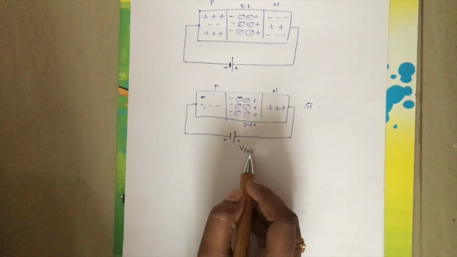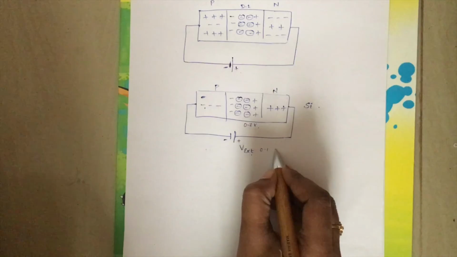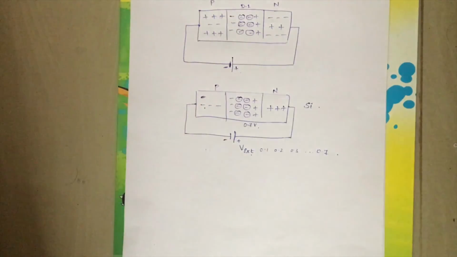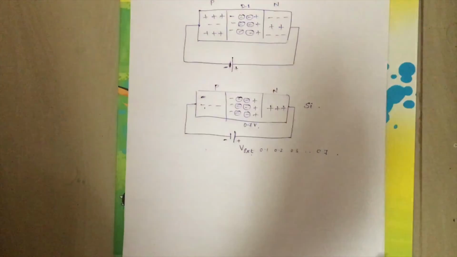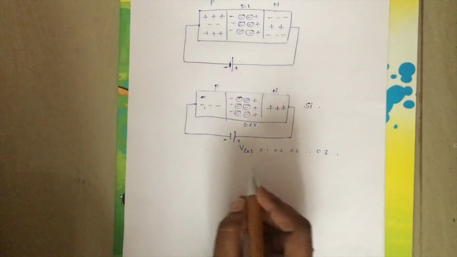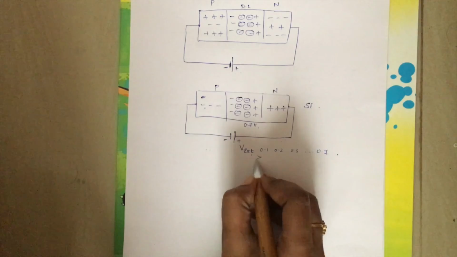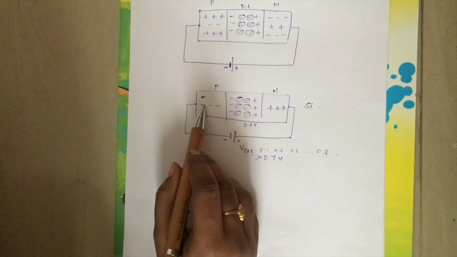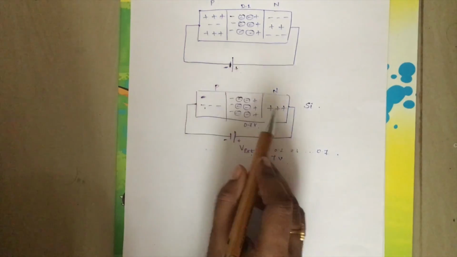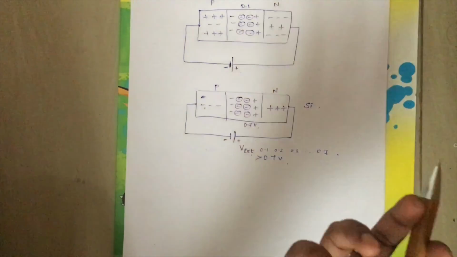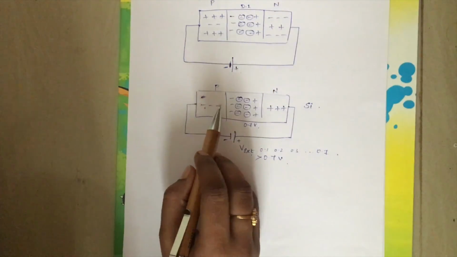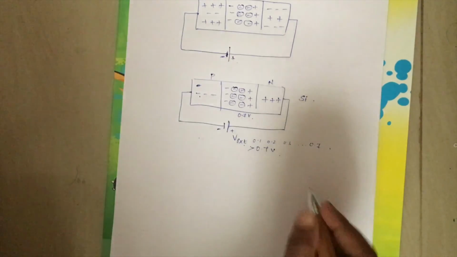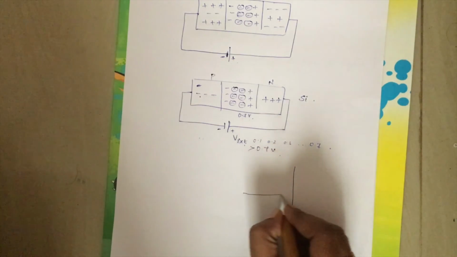So when you apply external voltage 0.1, 0.2, 0.3 till 0.7, no changes will take place. Electrons and holes will remain as such and no current flows. So when external voltage becomes greater than 0.7 volt, current will flow, but because of these minority charge carriers which are in less number, current will flow in very small quantity, which is called leakage current.